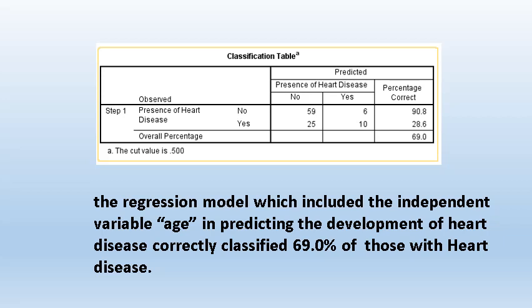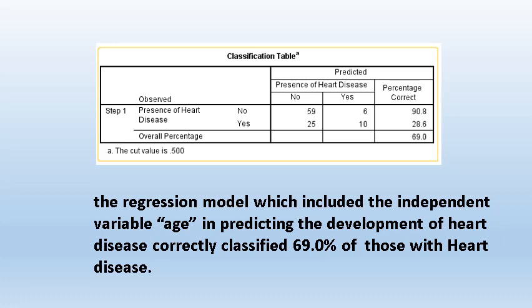Correctly classified outcome means they predicted correctly. Heart disease was present in 25 plus 10, 35 cases. Heart disease was not there, no heart disease, in 65 cases.